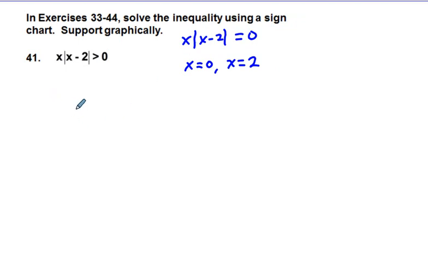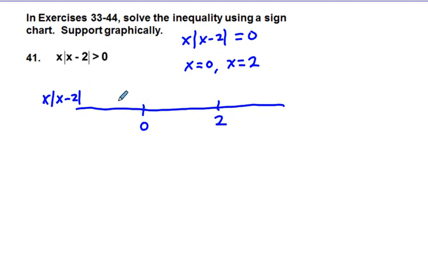So now we can write a number line here, and on the number line we're going to put x times quantity absolute value of x minus 2, and then we're going to pick the numbers 0 and also 2, and we'll see what happens. Now to the left of 0 we would have a negative.